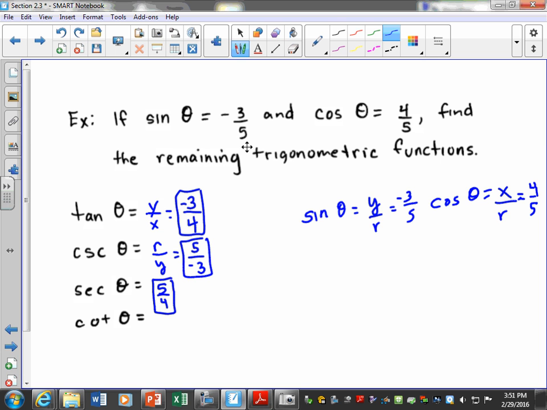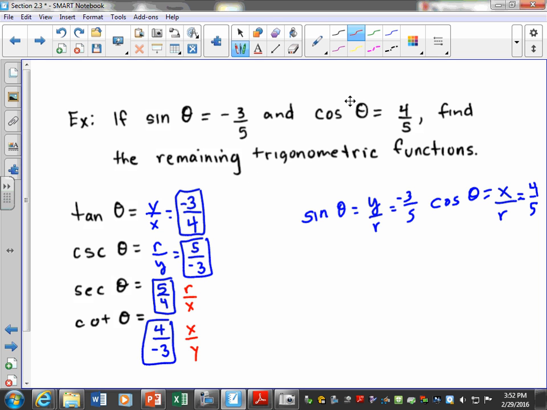The definition for that one would be r over x. And then cotangent is the reciprocal of this, which would be 4 over -3. Or by definition, just to keep that consistent, the cotangent would be your x over your y, and your secant is going to be your r over your x.